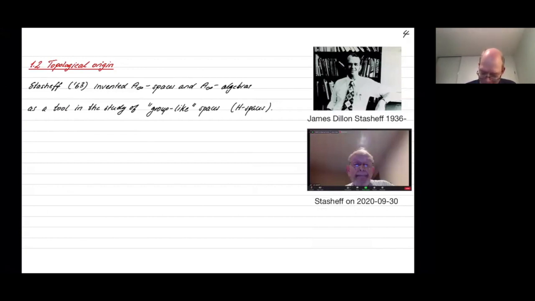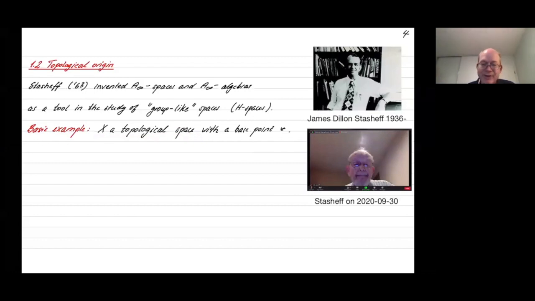Okay, well, let's get back to the A-infinity spaces. The basic example of an A-infinity space is a loop space. So let's fix a topological space X. Think of a CW complex with a base point.